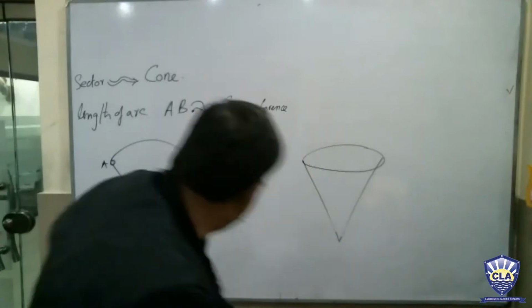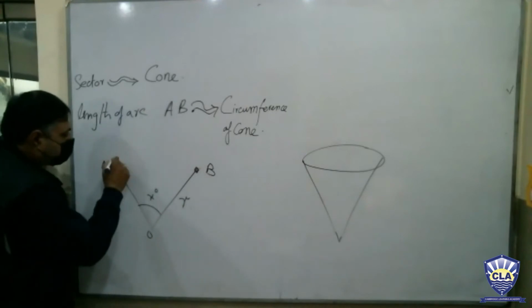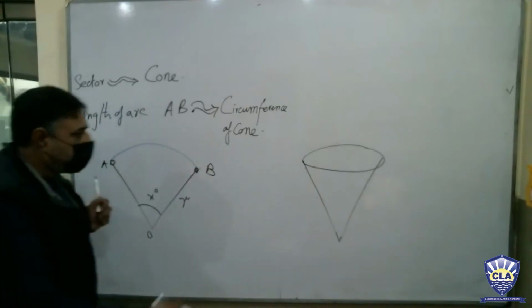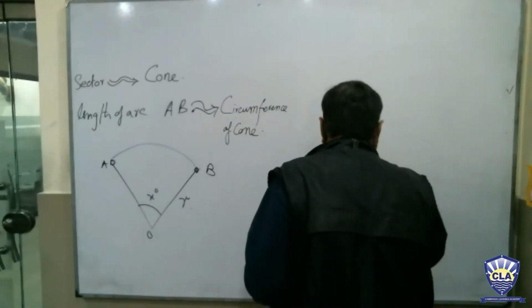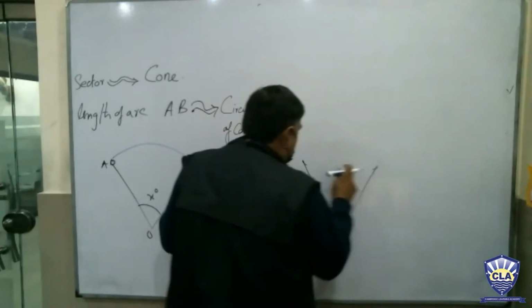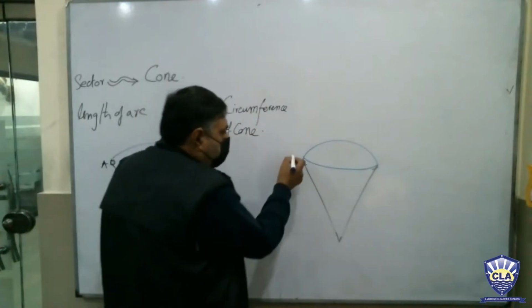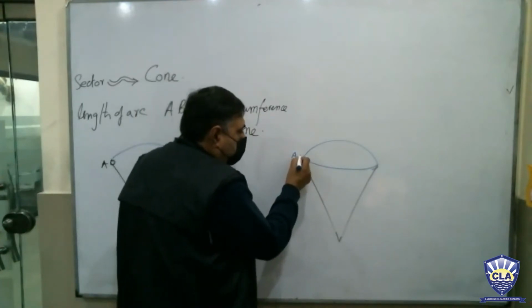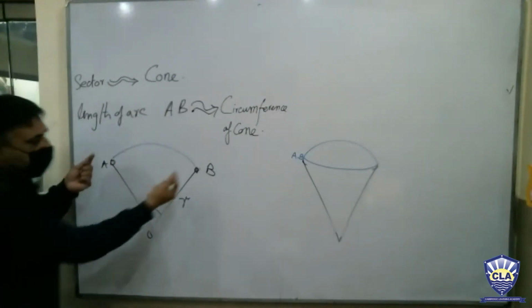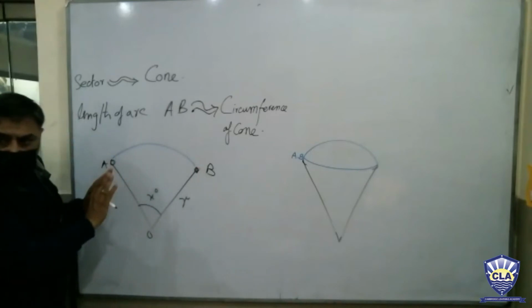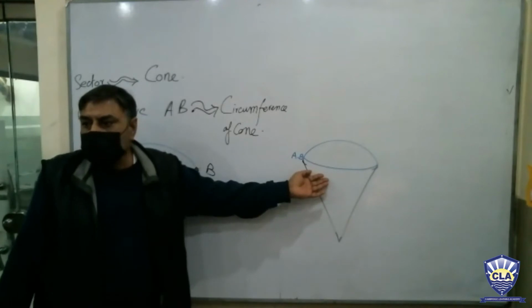This length of arc, when A and B are joined, okay? Please join A and B. When it is folded, the cone is formed like this.